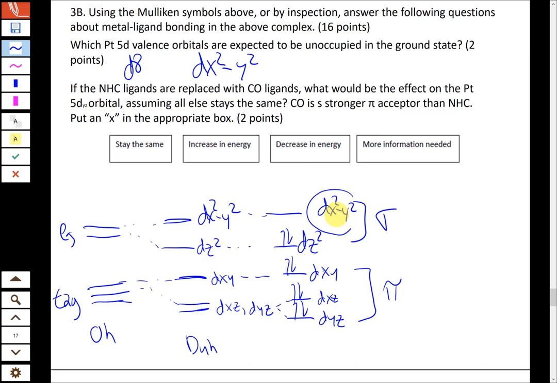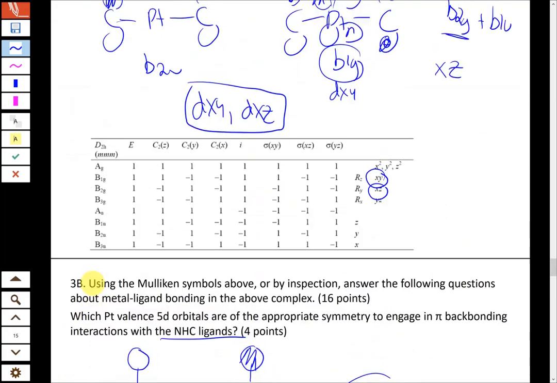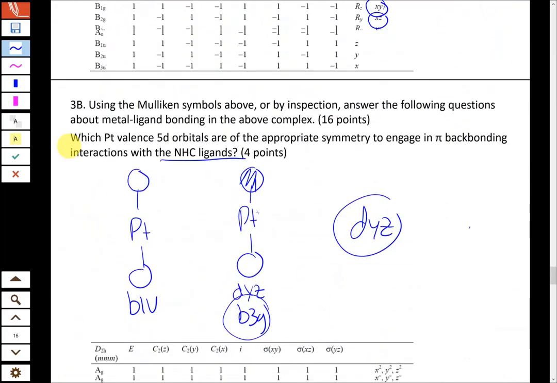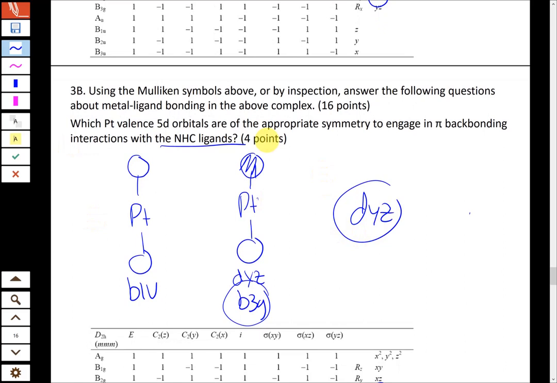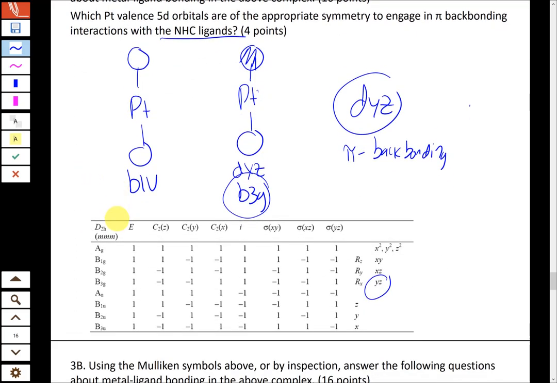And then finally, if the NHC ligands are replaced with CO ligands, what would be the effect on the dyz orbital? So as we determined earlier, the dyz orbital up here has pi backbonding interactions with those NHC ligands.